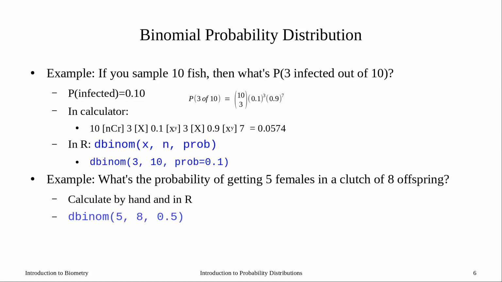So how could we do this in R? R has a very useful function called dbinom. dbinom calculates the actual probability, or the density, using the binomial distribution of x successes out of n trials, where the probability of success is equal to some value.